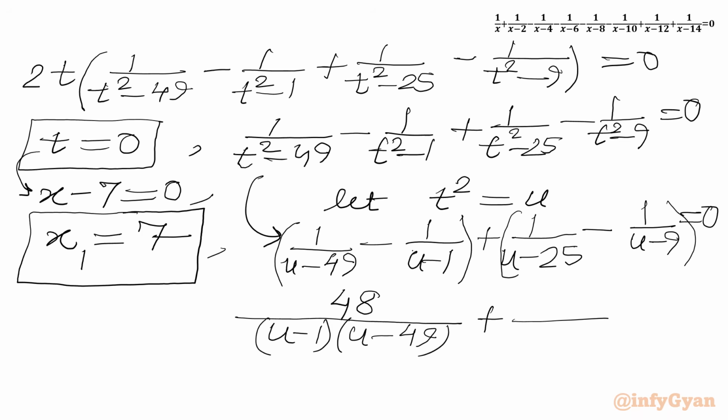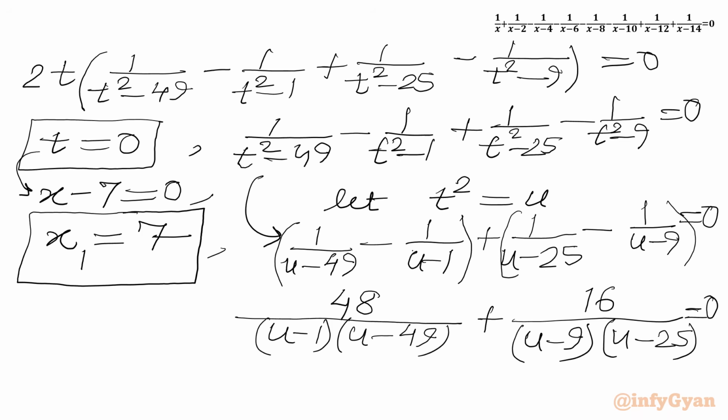Here we will write the product in the denominator, u minus 9 times u minus 25, and in the numerator we will write u minus 9 minus u plus 25, which will be equal to 16. Plus and minus u will get cancelled, equal to 0.